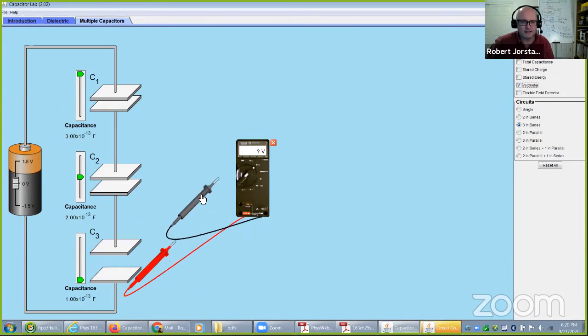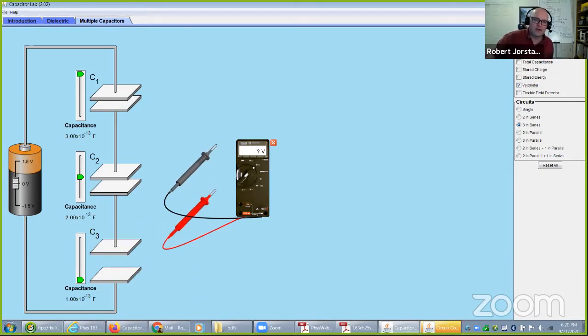The idea is I want you to think to yourselves, before I turn on the battery: which one do you think is going to have the most charge? Which one's going to have the most voltage? Think to yourself or chat with your friends or whatever. You can instant message them or Discord them. I'm going to crank up the battery.